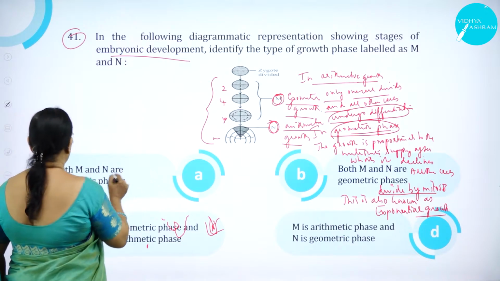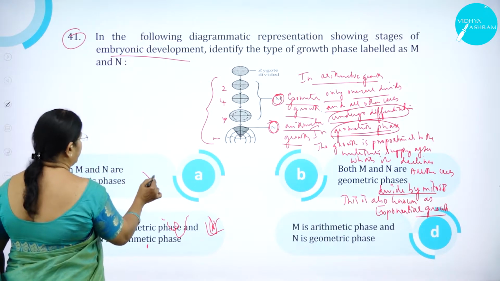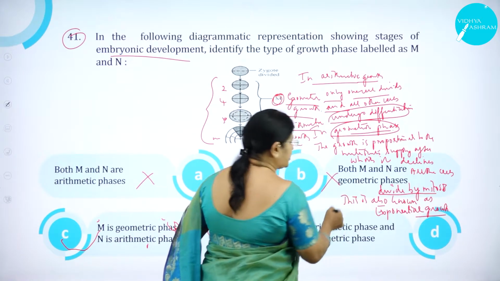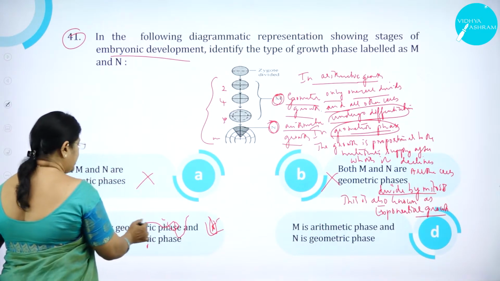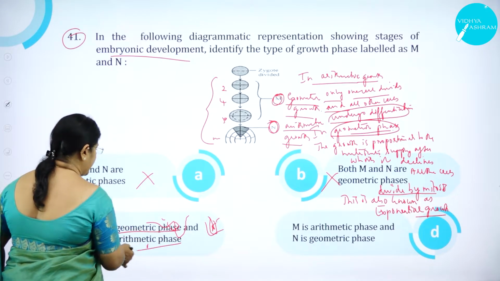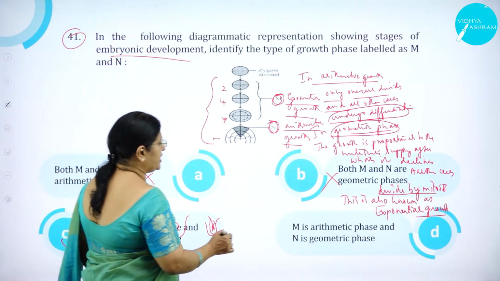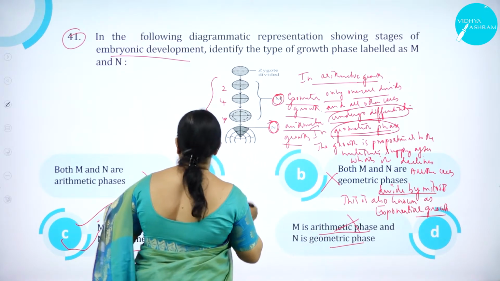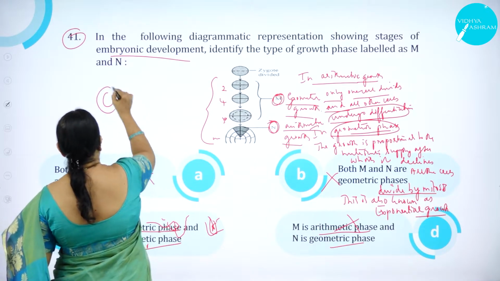So option A, both M and N are arithmetic phases, is wrong. Both M and N are geometric phases is wrong. M is geometric phase and N is arithmetic phase is correct. M is arithmetic phase, N is geometric phase is wrong. So the option C is correct.